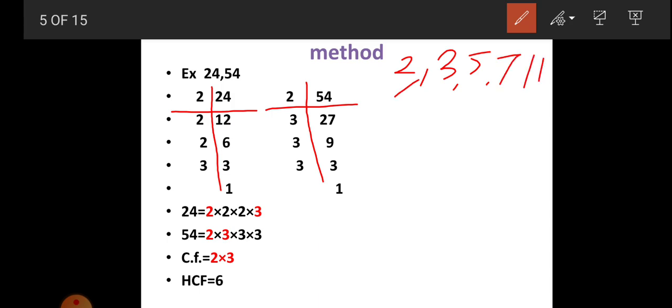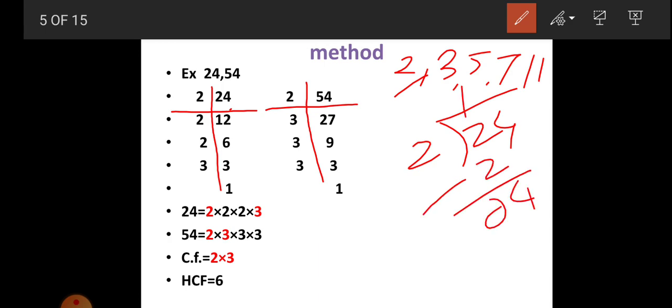Now the first prime factor is 2. 24 is divisible by 2, see, the last digit is 4, means yes. So 24 is divided by 2: 2 ones are 2 and 2 twos are 4.